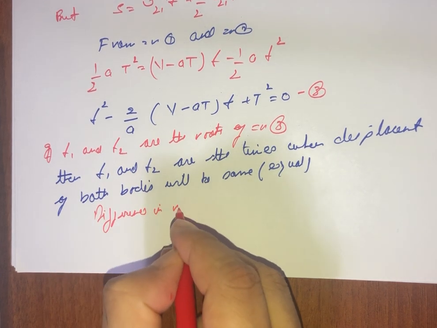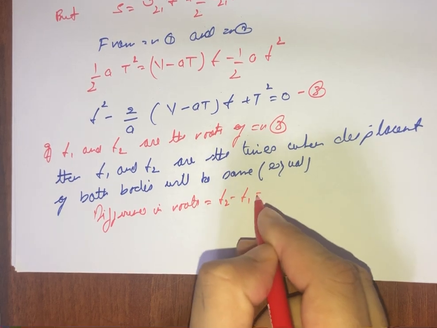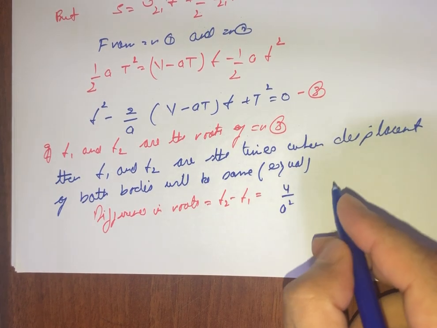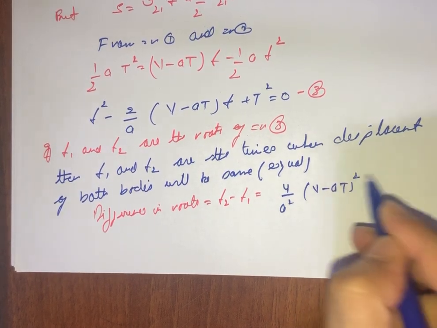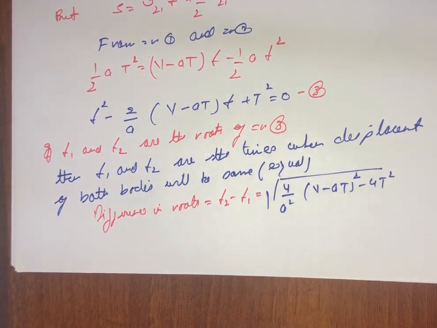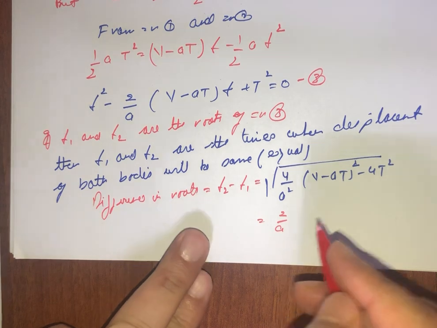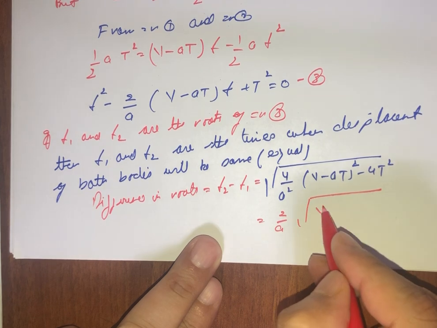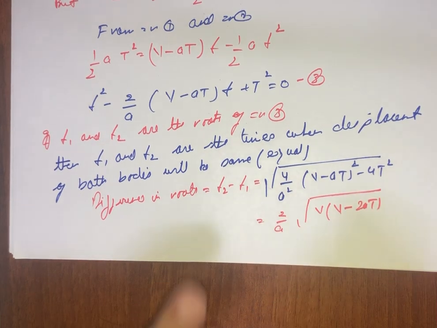The difference in roots, t2 minus t1, will be equal to the square root of 4 over a square, (V minus aT) whole square, minus 4T square, and this can be written as 2 over a, square root of V squared minus 2VaT.